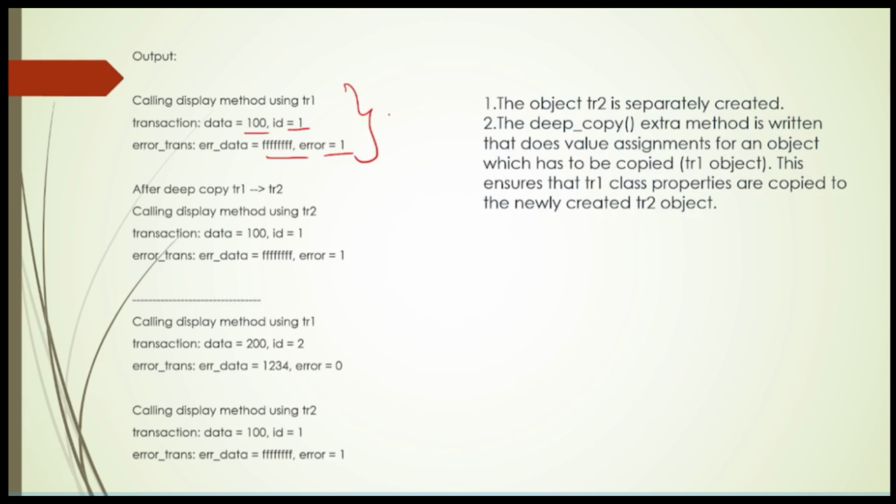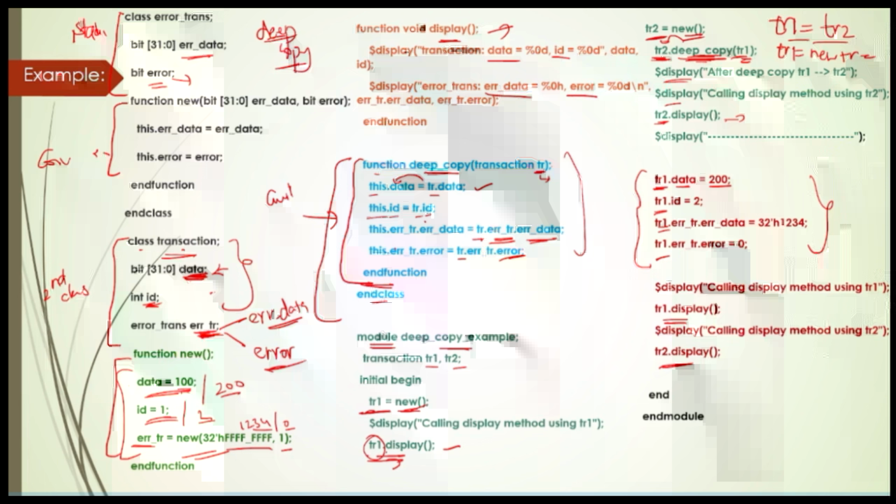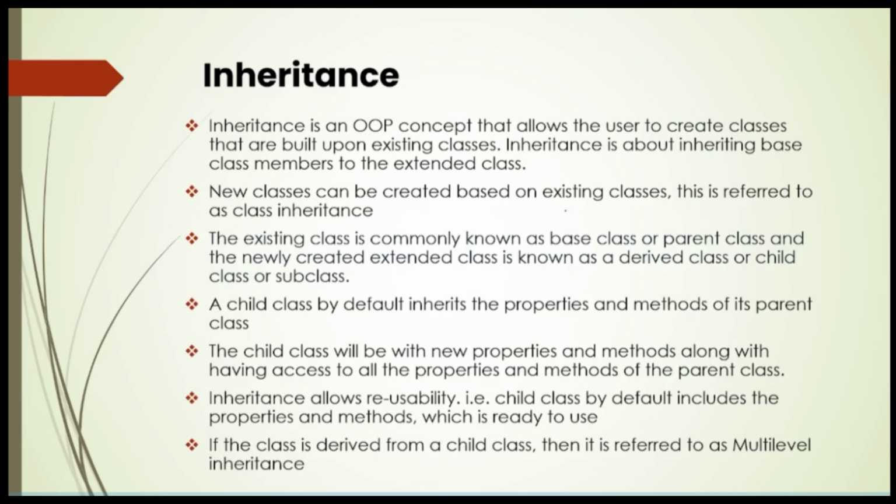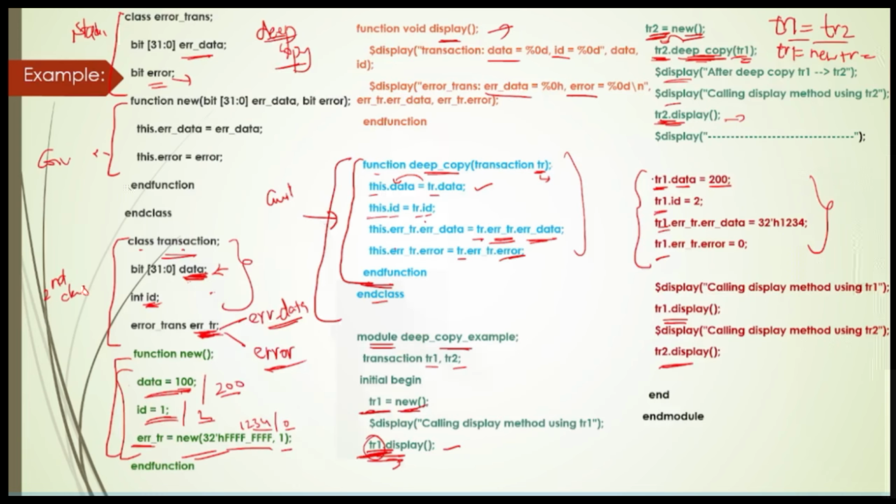Now let us see. If you see here, data 100, everything is before copying. Before copying everything I have displayed, that means this is tr1. After copying everything from tr1 to tr2, I displayed again, so everything in tr1 is copied to tr2. Fine, everything is the same. Now by using the tr1 handle, I have changed all the values, like 200 to 12340.